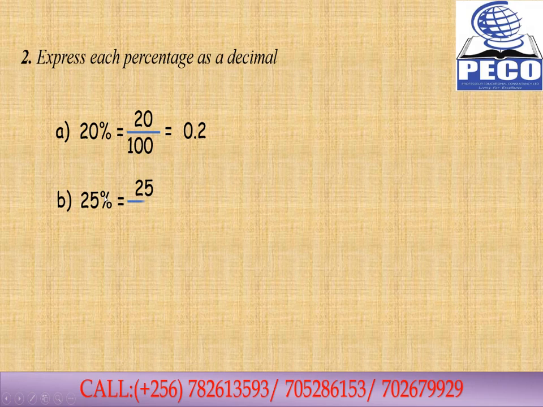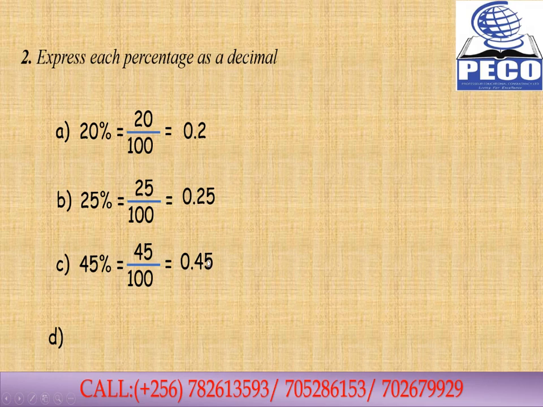The same principle applies to 25%, which is 25 out of 100. Divide with a calculator to give us 0.25. The same concept, 45 out of 100 gives us 0.45. 48.5%, that is 48.5 out of 100, which gives us 0.485.